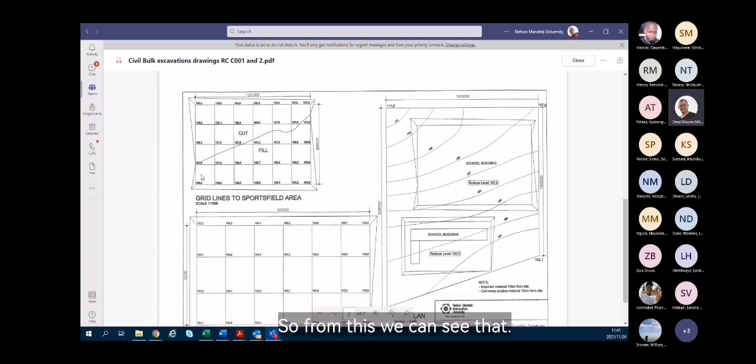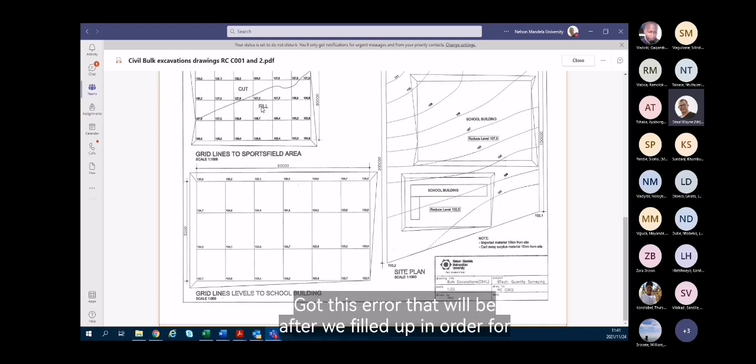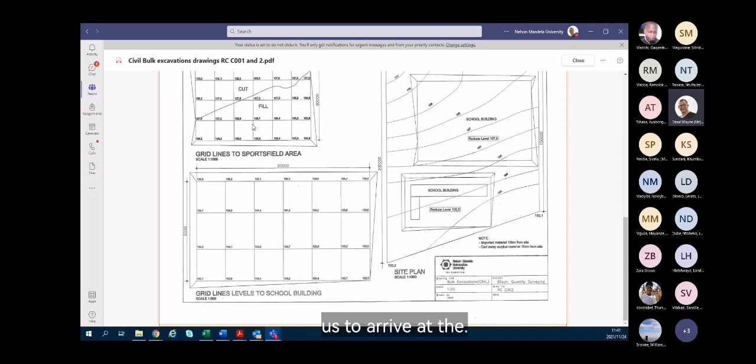So from this we can see that this is an area that has to be cut. This area will have to be filled up in order for us to arrive at the required reduced level.